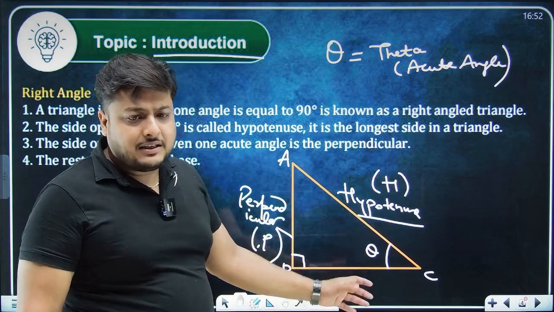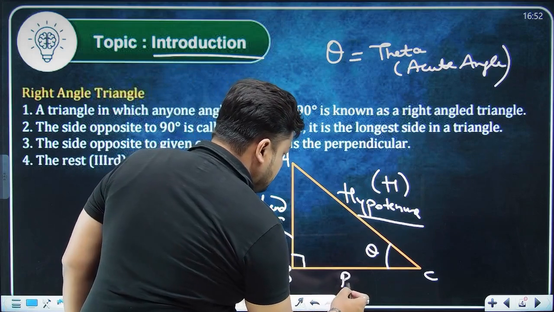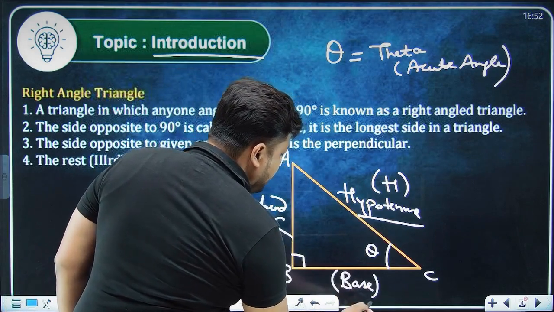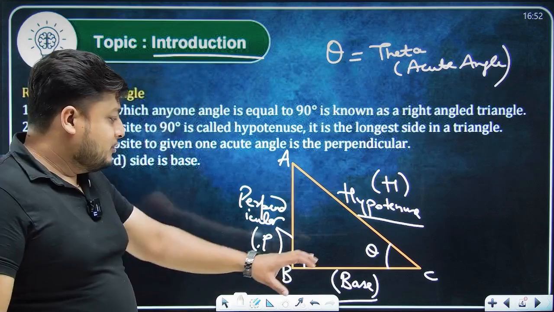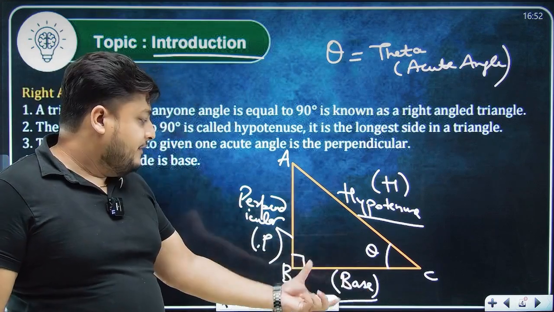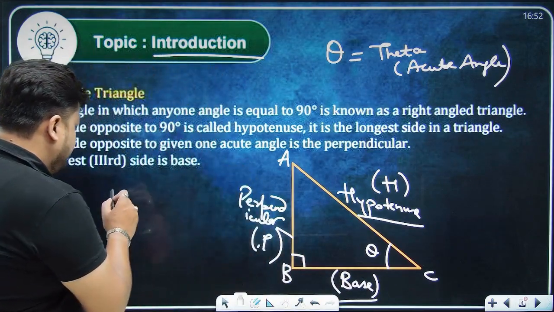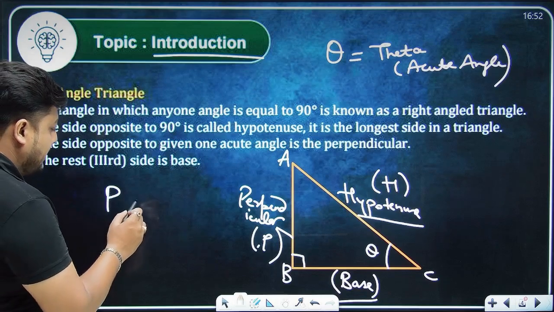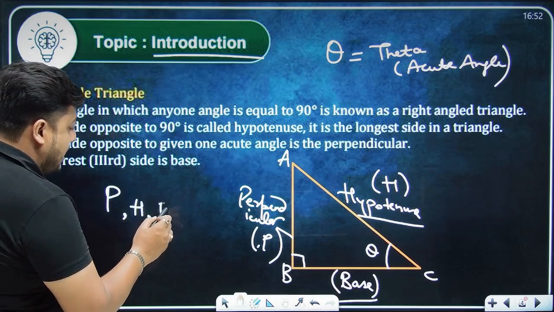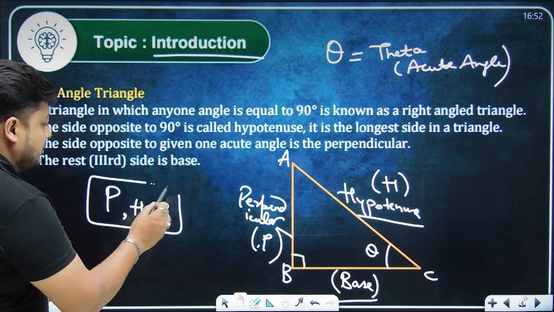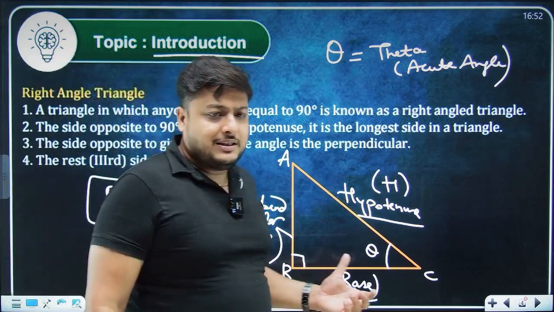And the remaining, the third side, is called the base. Got it? So the remaining third side is base, which will be denoted by B. So here three letters are there: P is perpendicular, H is hypotenuse, and B is base. These three letters will be used in this chapter.